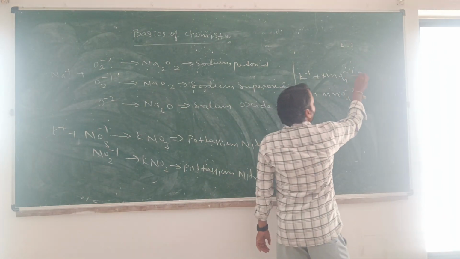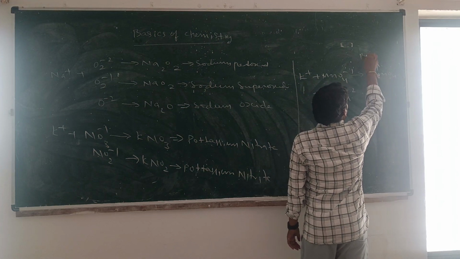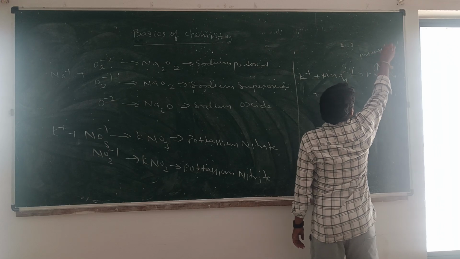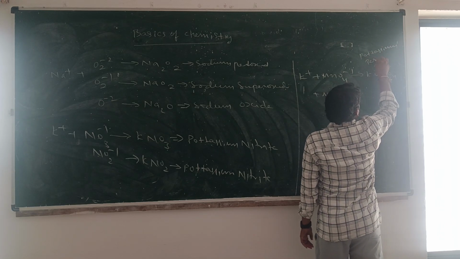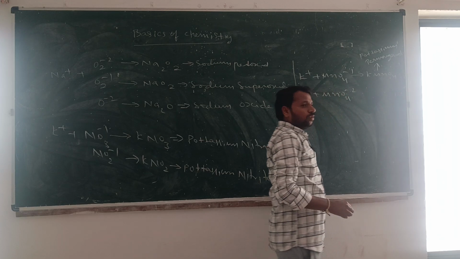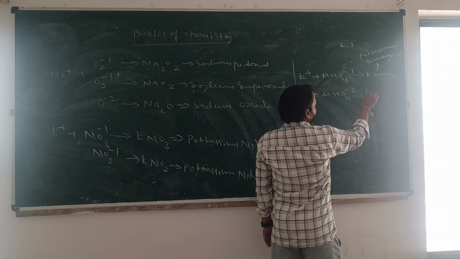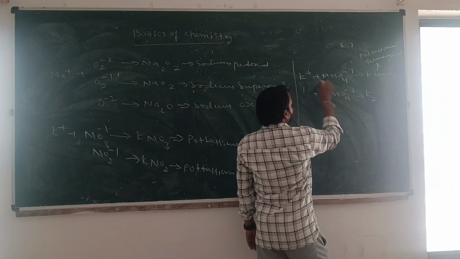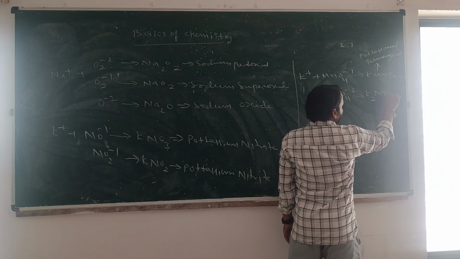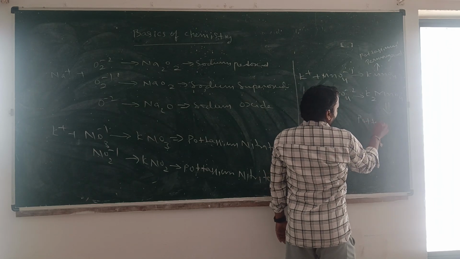So KMnO4 is potassium permanganate. But with K+ and MnO4 minus 2, as per the crisscross formula we write K2MnO4. This is potassium manganate.